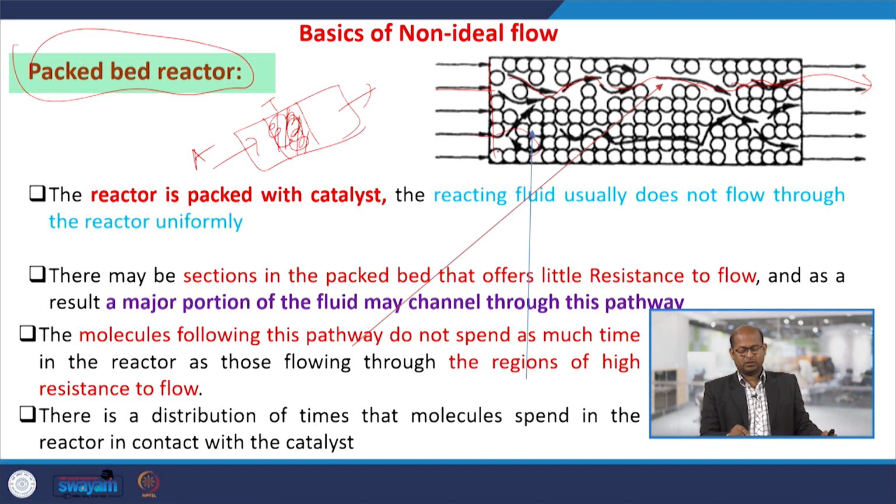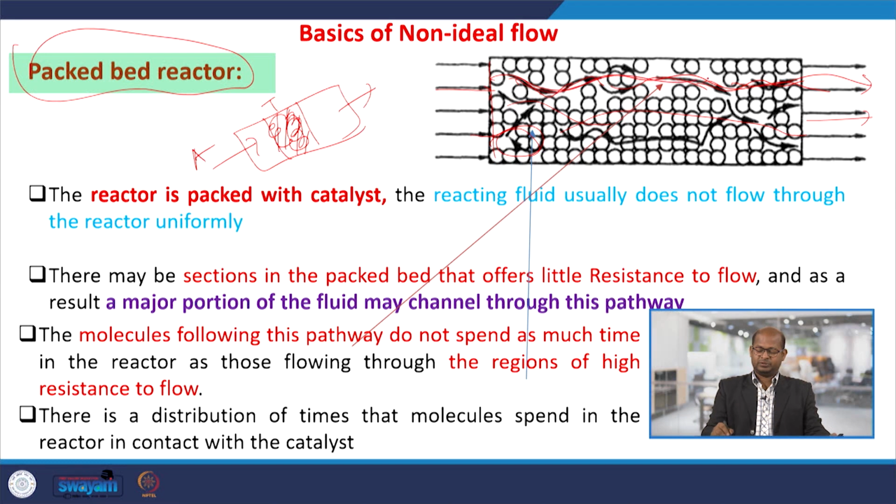Some molecules spend a longer period of time and do not find space to leave the reactor, so they remain inside, meaning accumulation occurs. A few interact with the catalyst surface and leave the reactor after reaction. So these are the features of the packed bed reactor. When reactants leave without interacting with the catalyst surface, there would be no reaction.